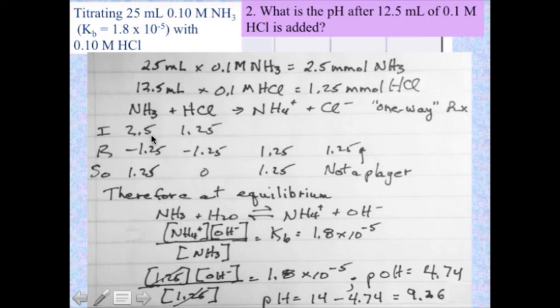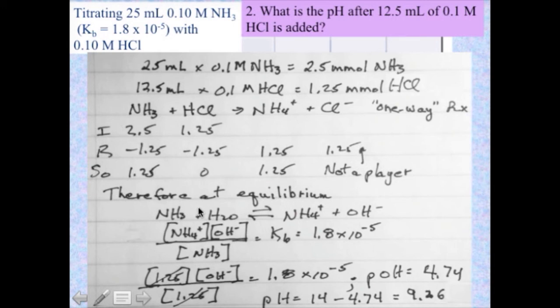And doing the calculations to see what we have left after the reaction, we see that 1/2 of the ammonia is neutralized, and we have 1.25 millimoles of the ammonia left over and 1.25 of the ammonium ion being formed.